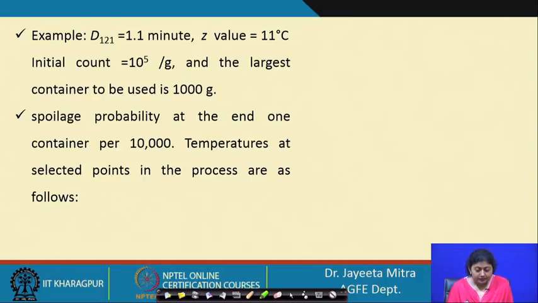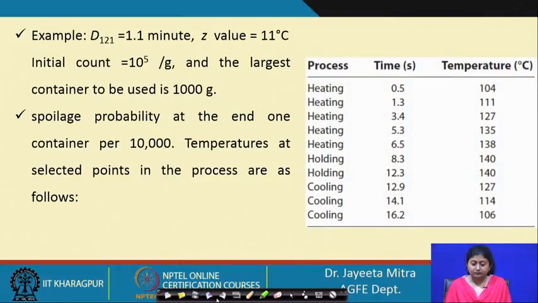Temperatures at selected points in the process are as follows. So, this is the case that we need to calculate, and heating is done first, then holding, then cooling. Heating has started from 0, and at around 0.5 second the temperature has reached 104, and then the temperature at 1.3 second is 111, like that.